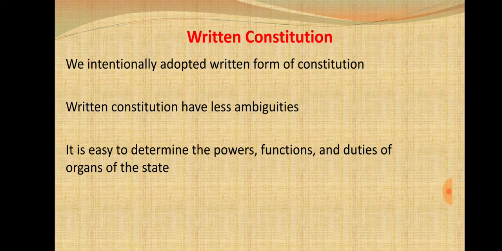That's why a written constitution has fewer ambiguities, and that's why we intentionally adopted it. It is easy to determine the powers, functions and duties of the organs of the state. Whenever something is written on a piece of paper, it becomes concrete and we can verify it from time to time. Hence it is the first characteristic of the Indian Constitution that we adopted a written format.